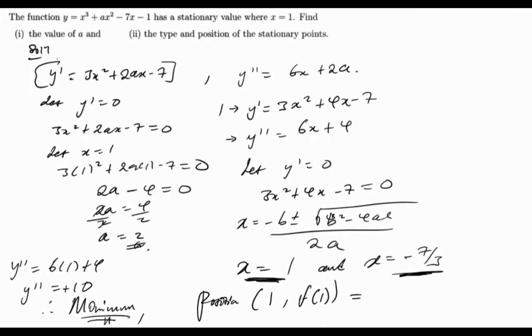So if we define it at 1, basically we end up having 1 plus 2 times 1 squared minus 7 minus 1, we get minus 5. So this would be 1 comma minus 5. So this is the position.